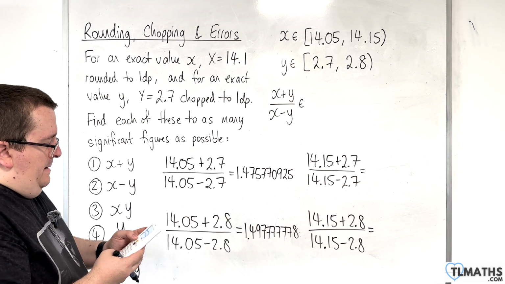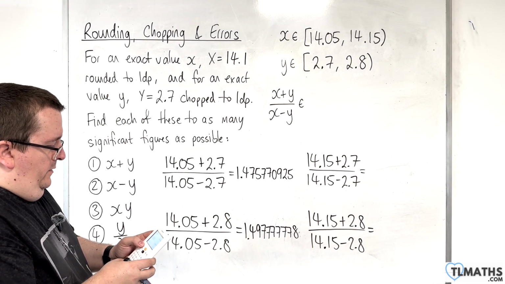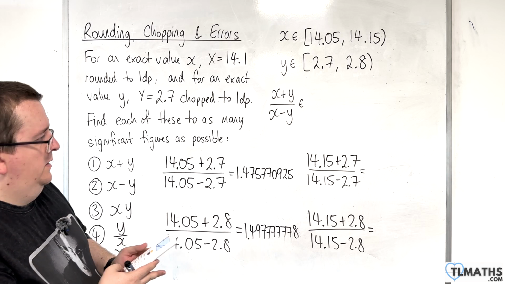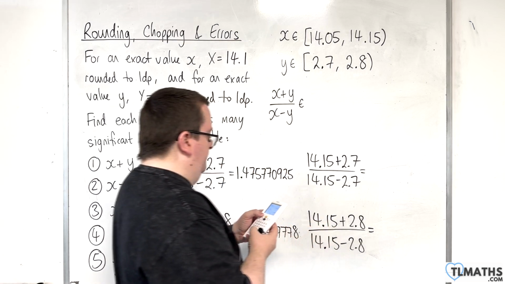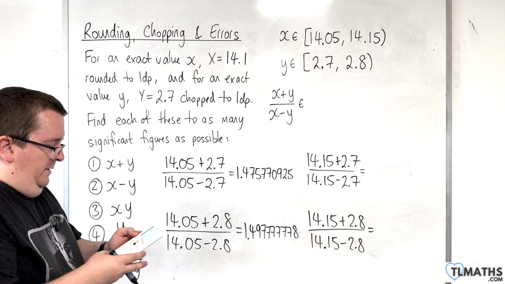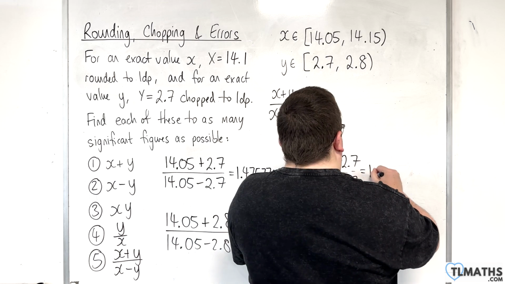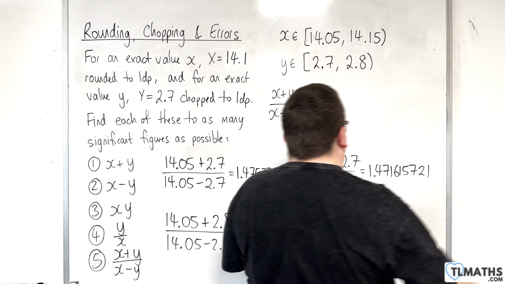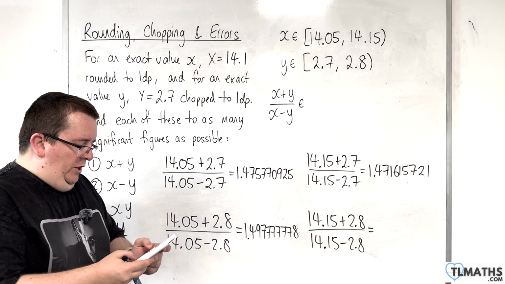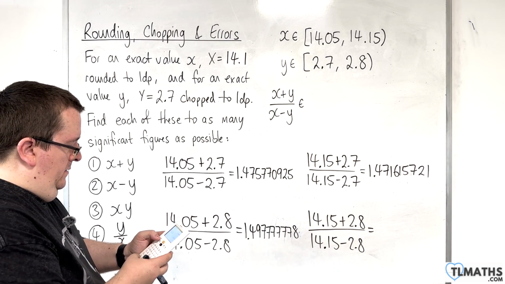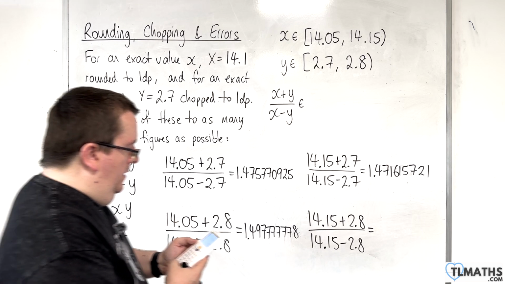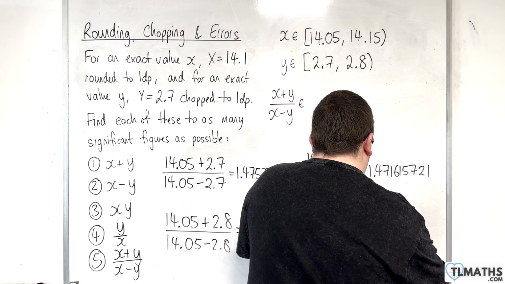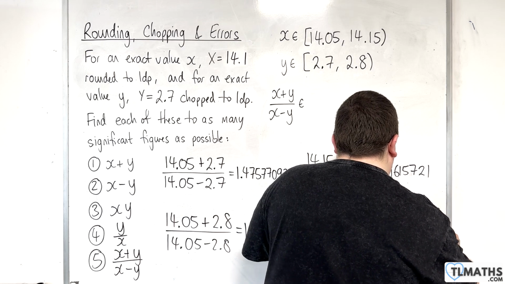This one, we're going to change the 14.05 to 14.15 and the 2.8s back to 2.7. And we get, oh no, I missed out a decimal point. There we go. 1.471615721. And if we change the 2.7s to 2.8s, we get 1.49339207.